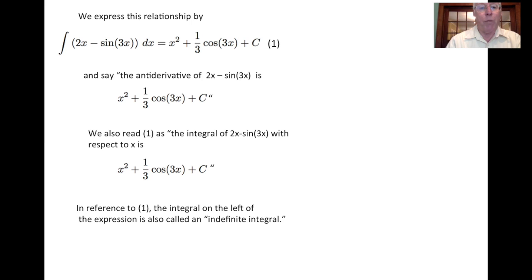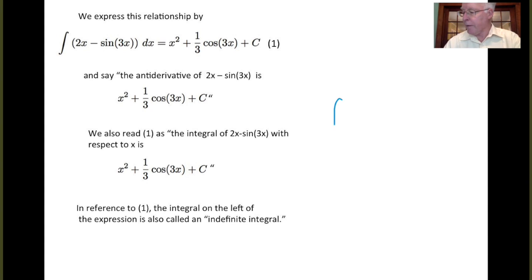We can also read it by saying the integral, in particular, this sign is called an integral sign. We can say the integral of 2x minus sine 3x with respect to x, that's what the dx tells us, is x squared plus 1/3 cosine 3x plus C.